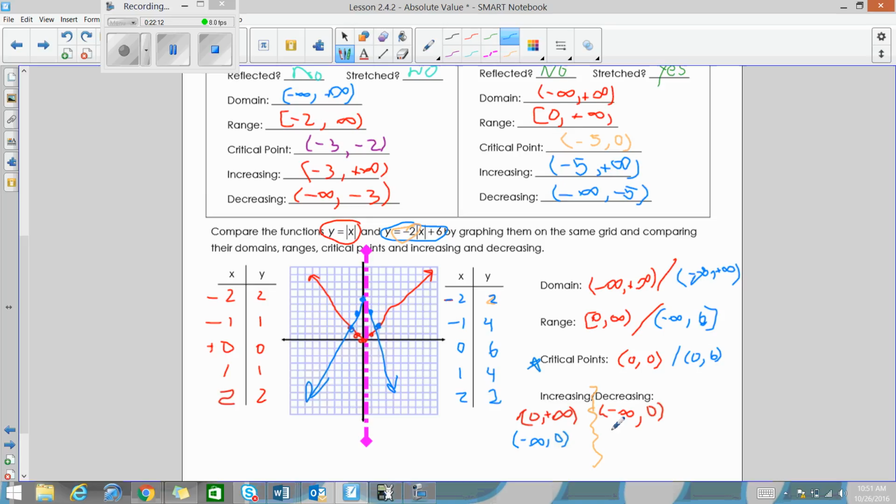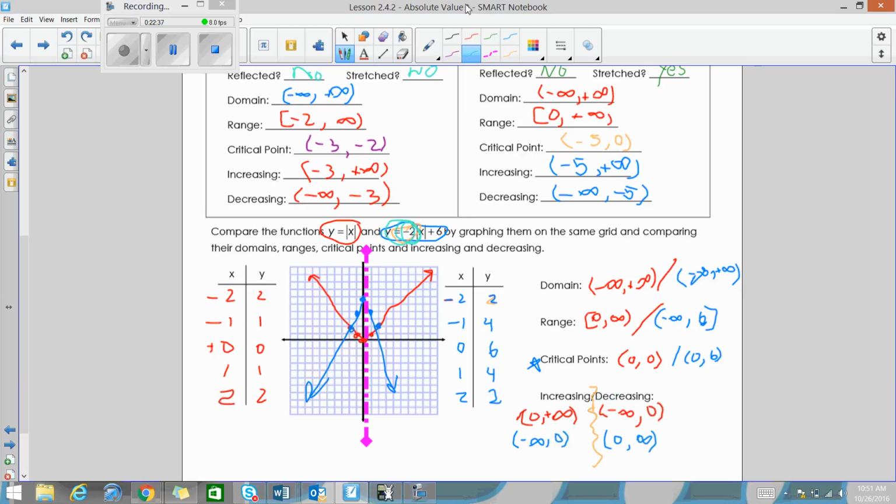It's increasing, and then from 0, this blue guy is decreasing. So from 0 to positive infinity, it's decreasing. Check that out. So if you look, they kind of flip-flopped their increasing, decreasing. I wonder why that happened. It's because of the a value. Because of that flipping, your increasing, decreasing flip as well.